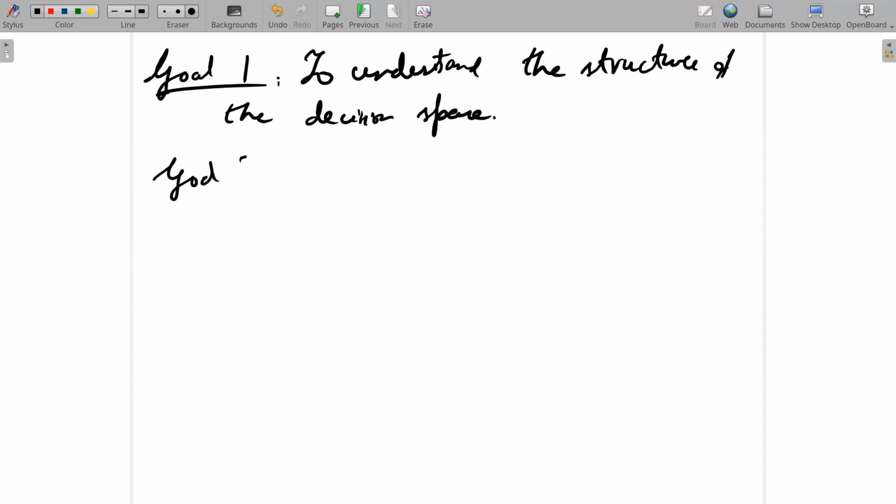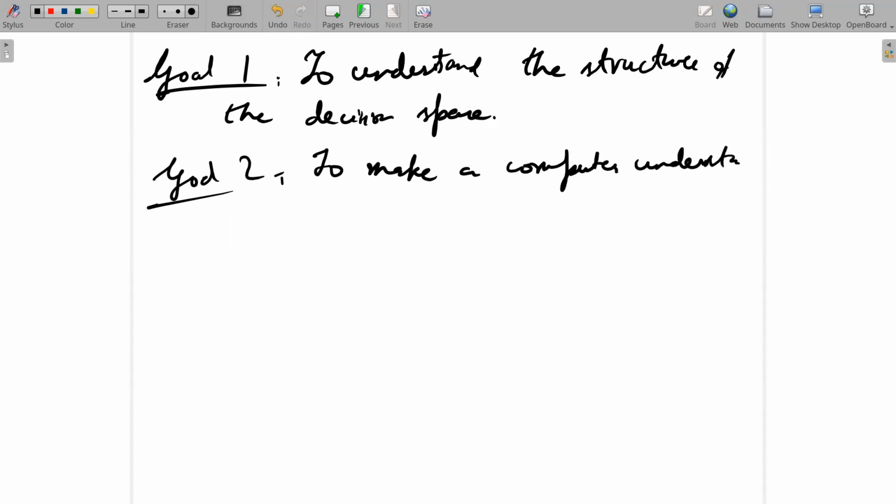And goal two is to make a computer understand. A computer can only understand finite things, but we have all these very infinite-looking decision spaces. It's not comprised of some discrete points. So how do we do that? For that, we have to dig deeper into the structure of the decision space.